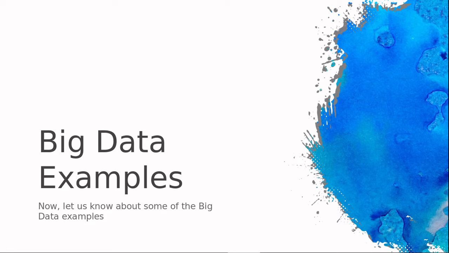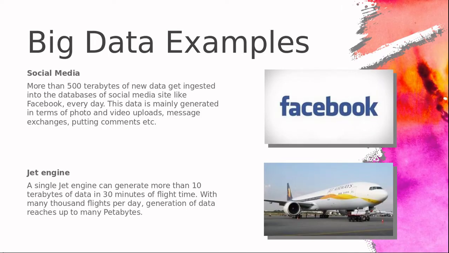Now let us know about some big data examples. Social media: more than 500 terabytes of new data get ingested into the databases of social media sites like Facebook every day.